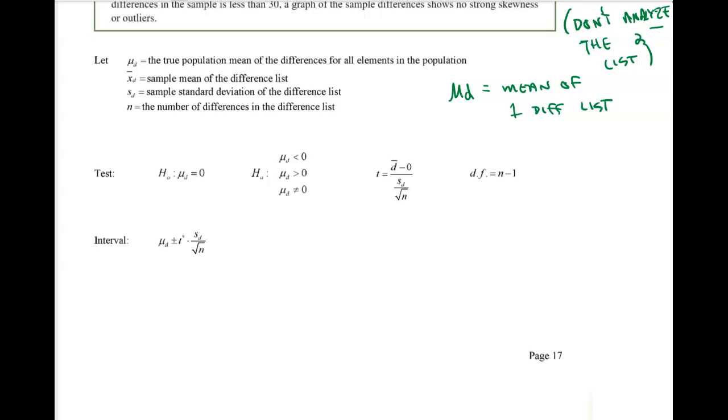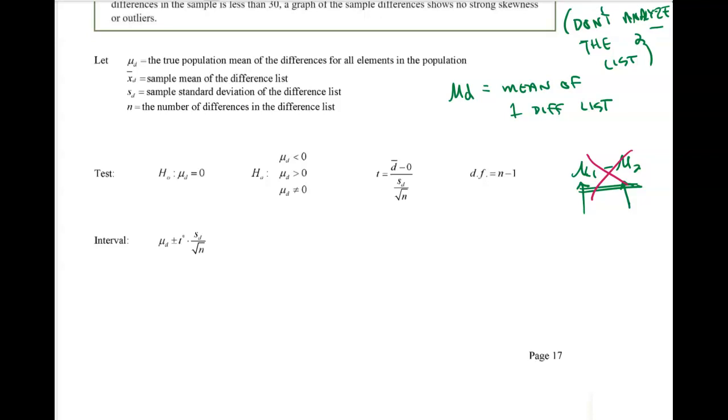So we got to distinguish between the mean of the differences and the difference of the means. Like this is the difference of two means: I take the mean of one list and the mean of the second list, and then I take the difference of those means. This is not that. This is the mean of a single list of differences. So it's the order in which you do things.